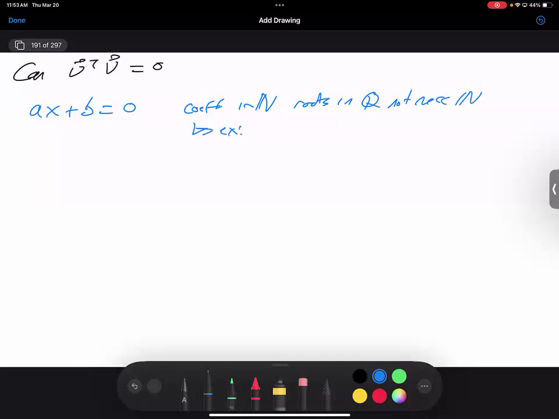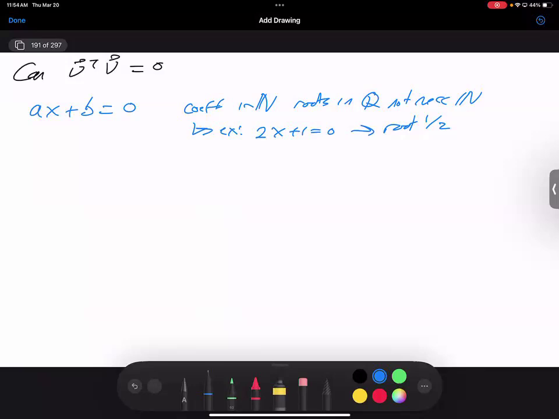As an example, if I take 2x plus 1 equals 0, that gives me the root of 1/2. So what this means is if I look at linear polynomials with integer coefficients, the roots do not have to be integers. What if I look at linear polynomials with rational coefficients? Will the roots be rational?